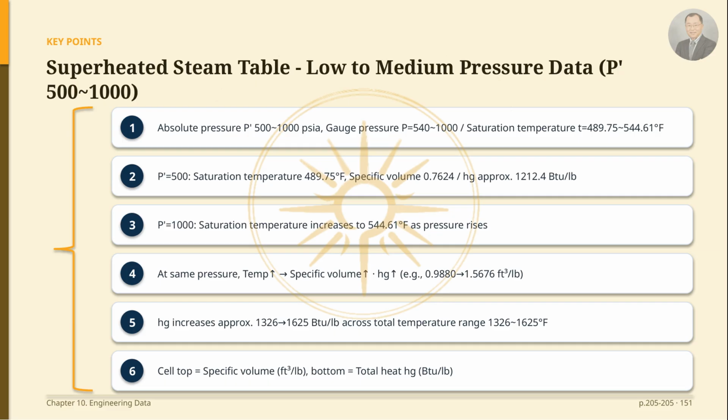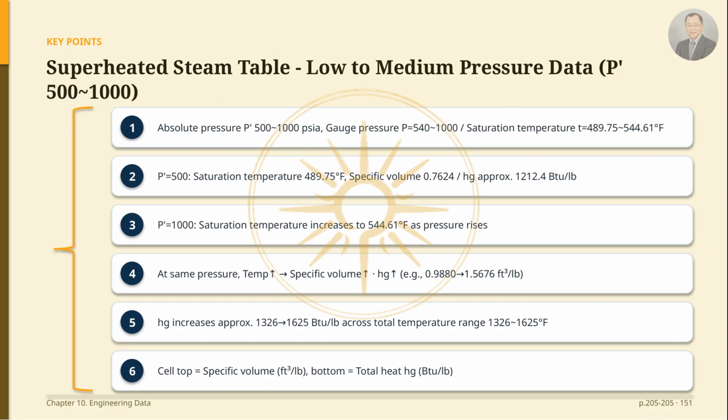For example, at an absolute pressure of 500 psi, the saturation temperature is 489.75 degrees Fahrenheit. The specific volume is approximately 0.7624 cubic feet per pound, and the total heat Hg is approximately 1,212.4 BTU. At the same pressure, as temperature increases, both specific volume and total heat increase.